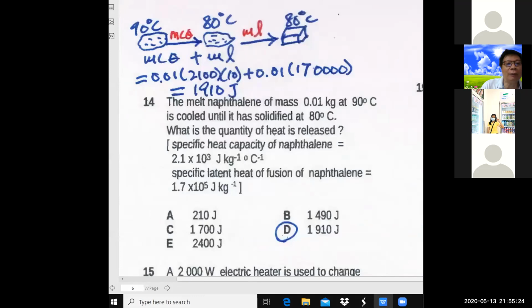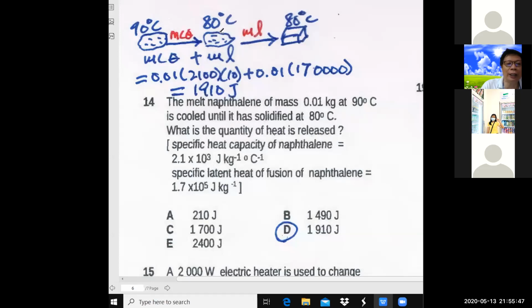No lah, two stages only. Okay, you'll see for yourself. Two stages. The melted naphthalene, 0.01 kilo, at 90 degrees, is already melted, in liquid form. Cool until it has solidified at 80 degrees.